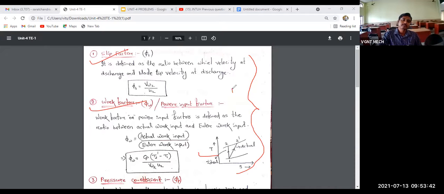So for this many things they will give 12 marks. In like this very simple question they are asking, but still people are getting backlogs. Okay, if this much you cannot write and you cannot get the marks, then nobody can help. Okay. So this is regarding slip factor or power input factor.